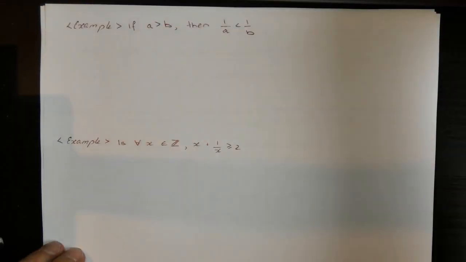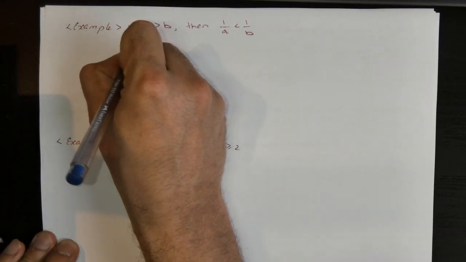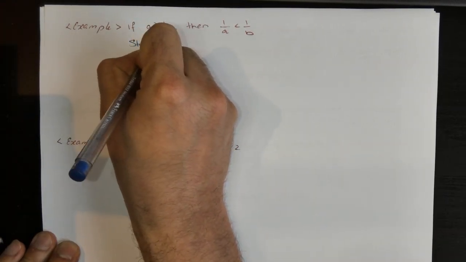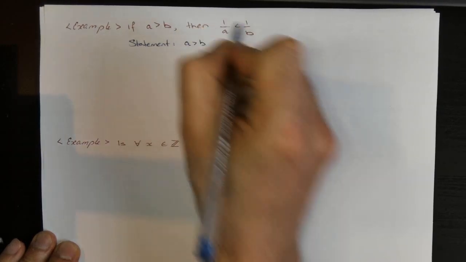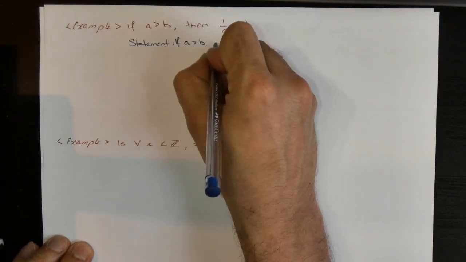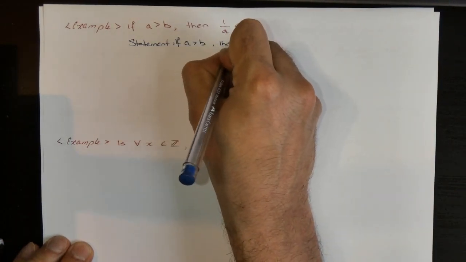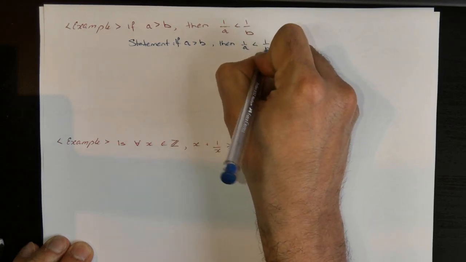Okay, let's do the next example. Our statement is: we have a and b, so there are some values. If a is greater than b, then 1 over a is going to be smaller than 1 over b.